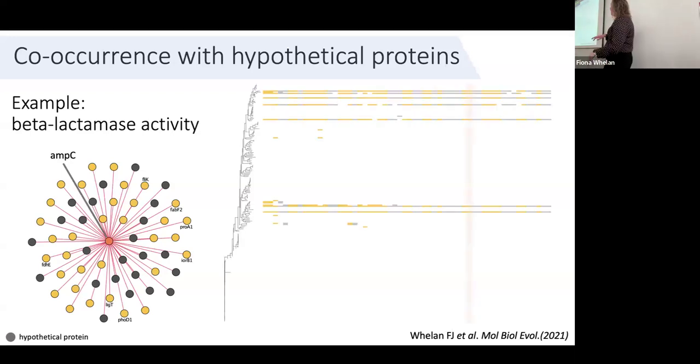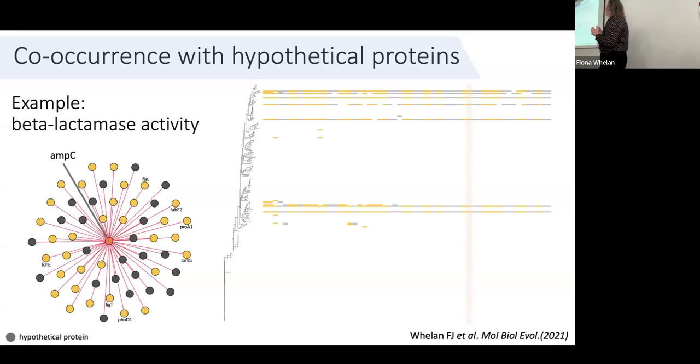And again, the heat map here of just presence and absence. This is our ampC gene that's highlighted with the background rectangle. You can see this set of genes is not super common across all the genomes, but their co-occurrence relationship is quite well conserved. They're really spread out, not just all next to each other in one operon. And we have no clue what the vast majority of these do.